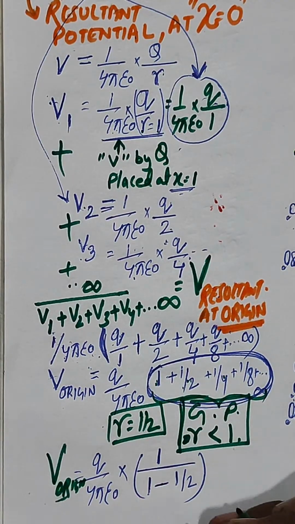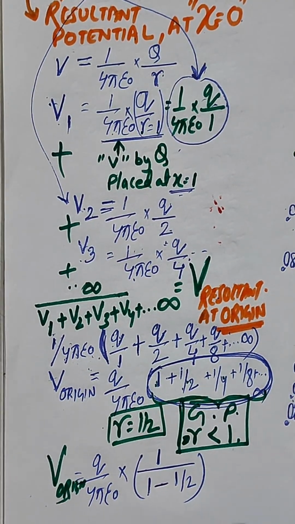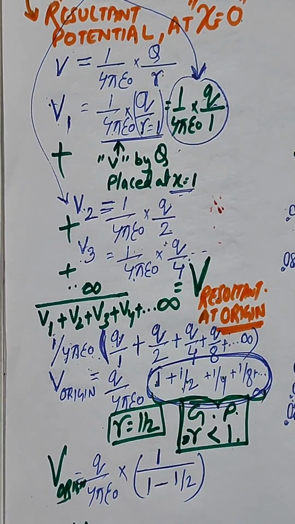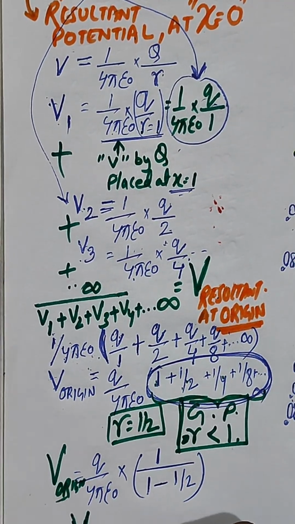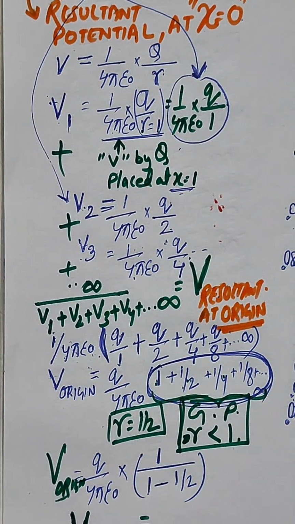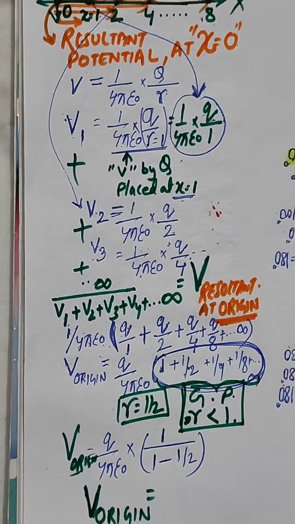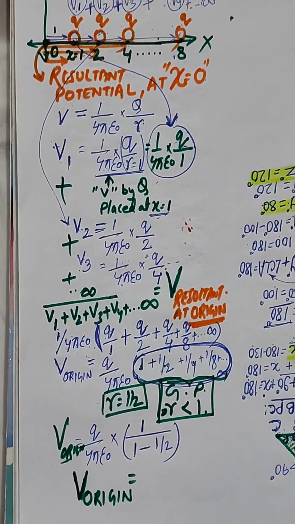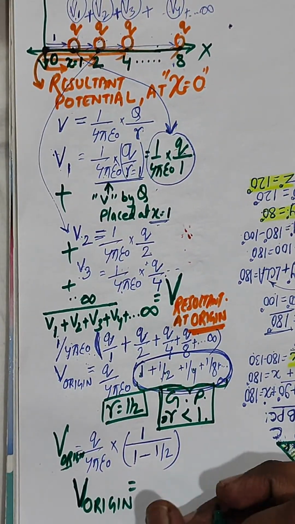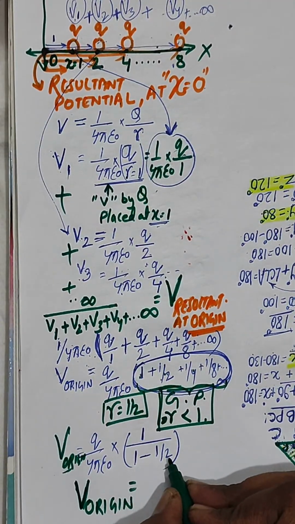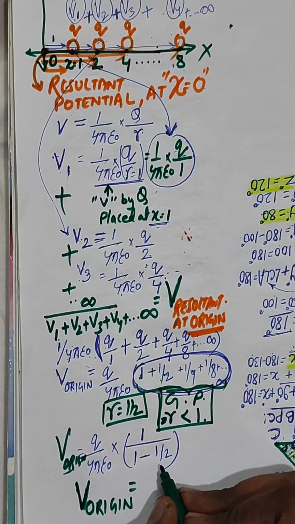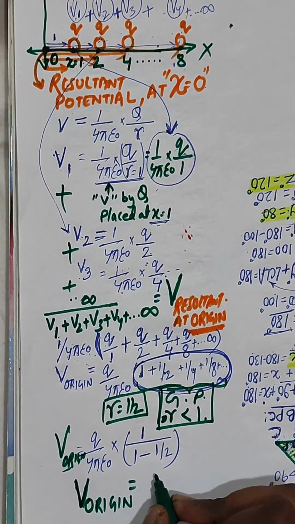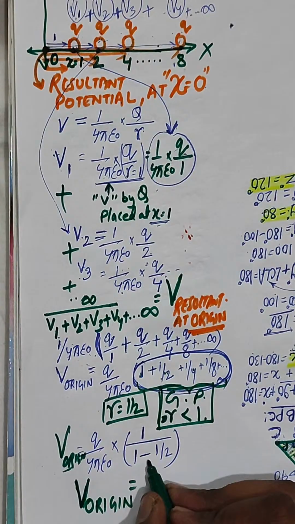So when you solve it, you will get the equivalent potential at origin, V origin, as equal to 1 minus 1 by 2 in the denominator. So finally half will be in the denominator, so 2 will go into the numerator. So this will give 1 by half equal to 2.